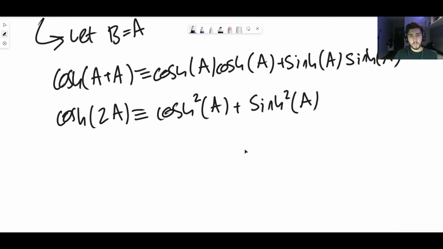Brilliant. And this is one of the formulas for cosh of 2a.